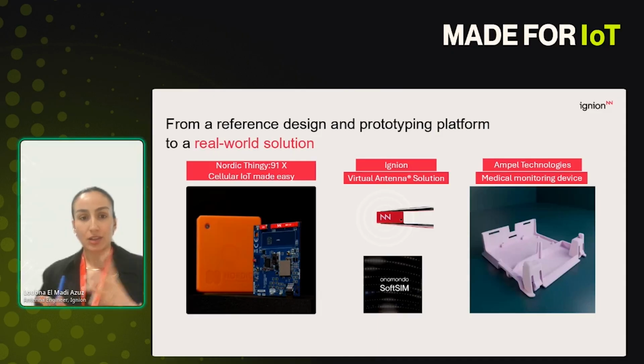So circling back to the Nordic Thingy 91X, we managed to cover cellular, GNSS, and 2.4 GHz, meaning Bluetooth and Wi-Fi. Due to the PCB dimensions, we had to implement an active solution for LTE to meet the targets in terms of antenna efficiency.